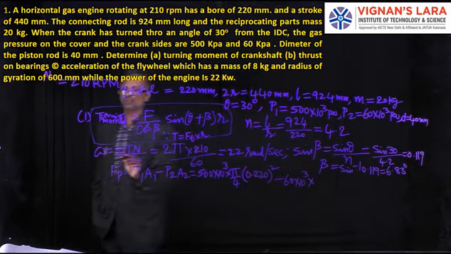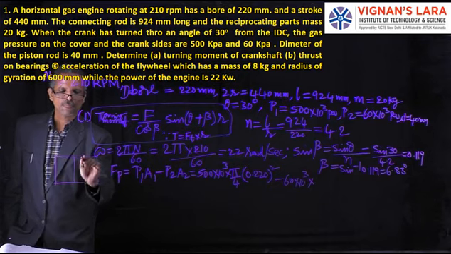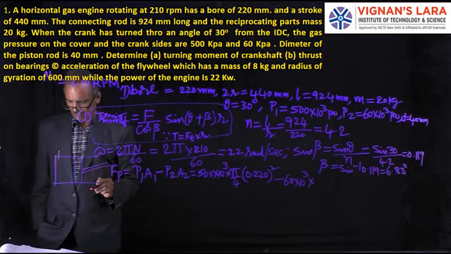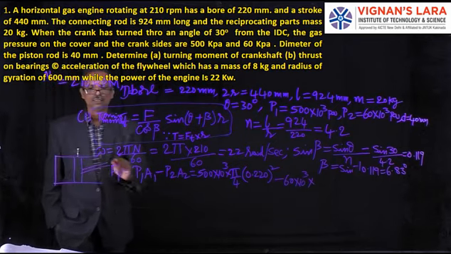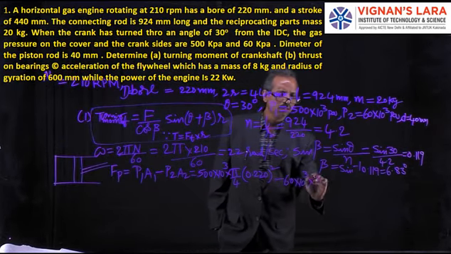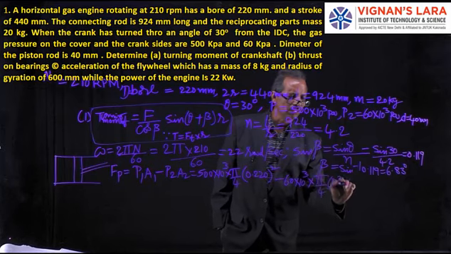Yesterday I have shown you like this. This is cover side and this is rod side. So this rod area we have to subtract from the net area, that is pi by 4 D square minus d square.